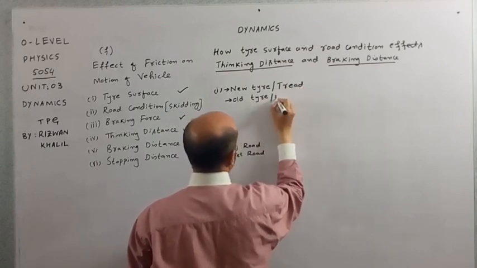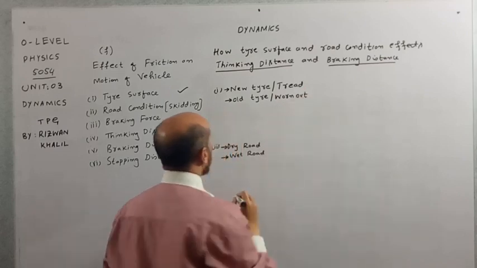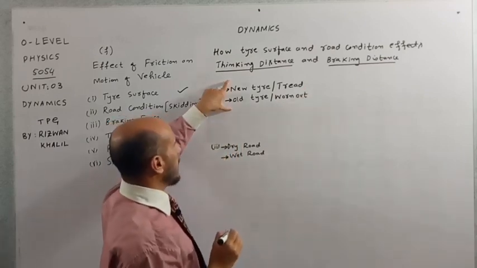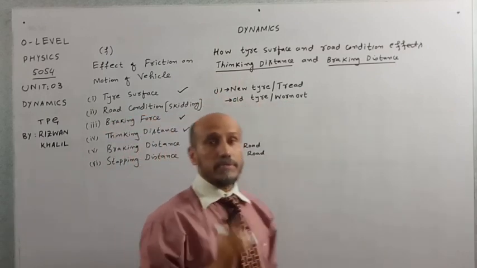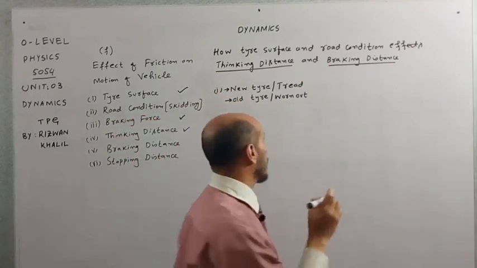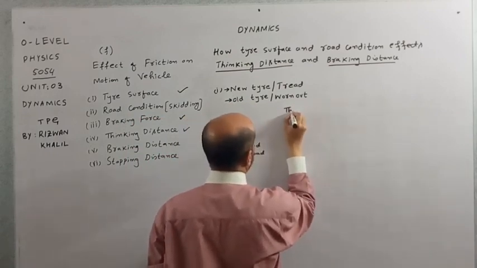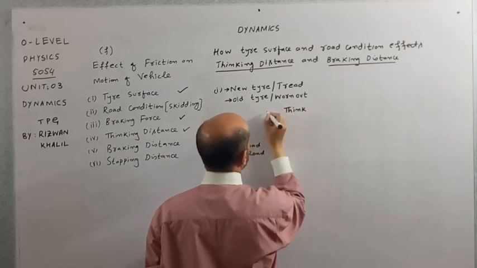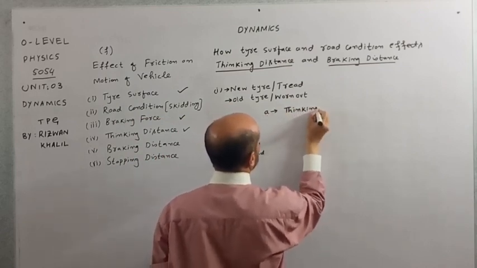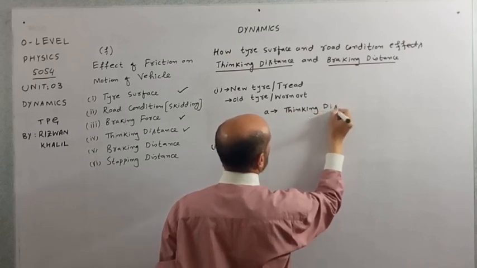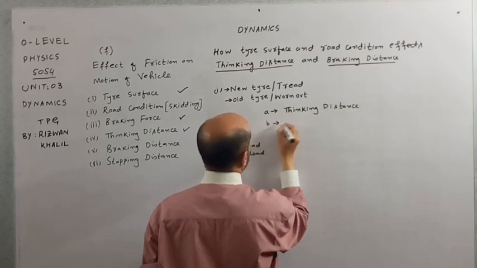Old tires mean worn out tires. So we will discuss how new tires and old tires affect the thinking distance and braking distance. Point A, thinking distance, and point B, braking distance.